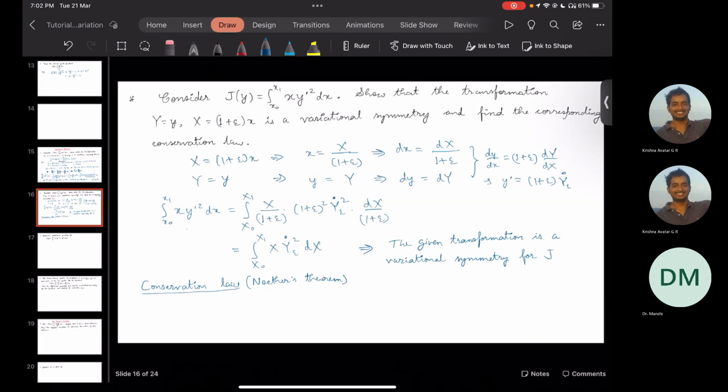It states that eta p minus h xi is equal to constant.